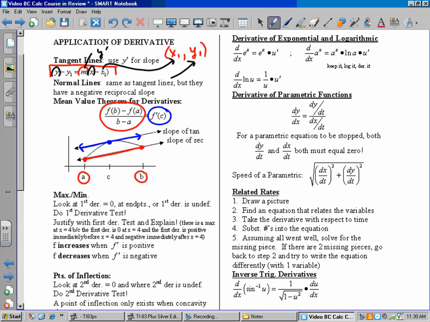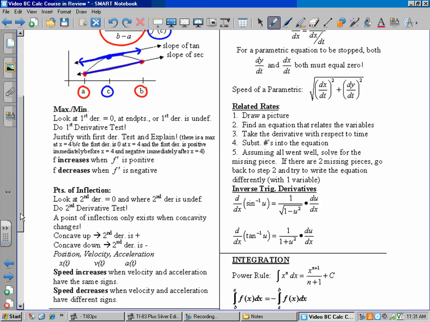All right, so the mean value theorem for derivatives sets those two equal to each other. And by doing that, you're able to figure out where the average rate of change equals the instantaneous rate of change at what x value.